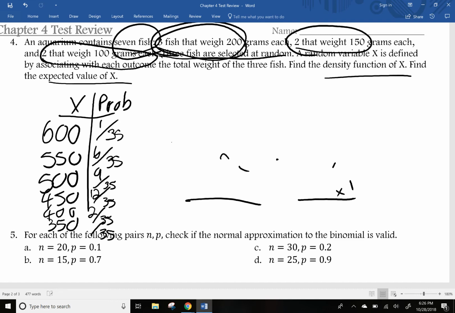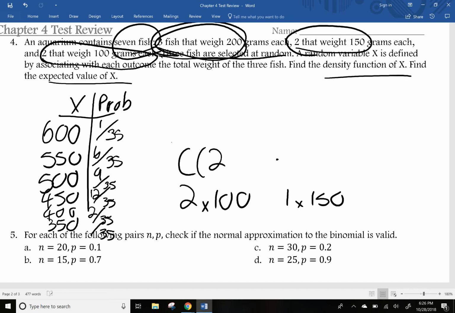And then the last one, the 350, is the two 100s and one 150. So that's a combination of 2 choose 2 multiplied with the combination of 2 choose 1, which makes the answer 2. So hopefully I did this right, and these all add up to 35.